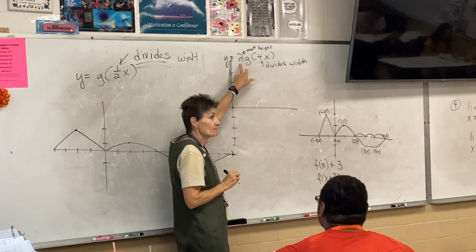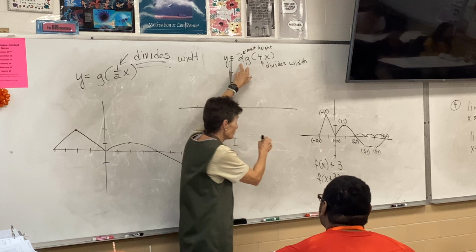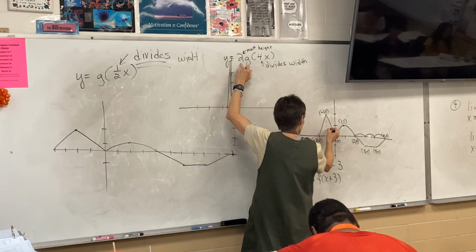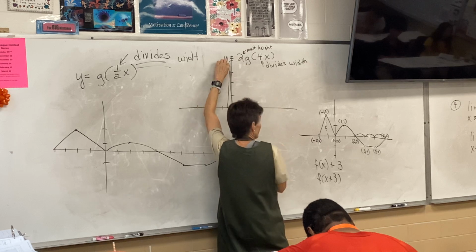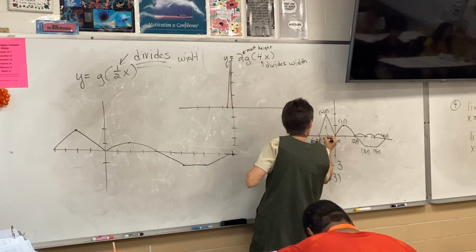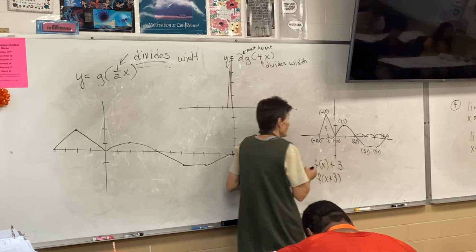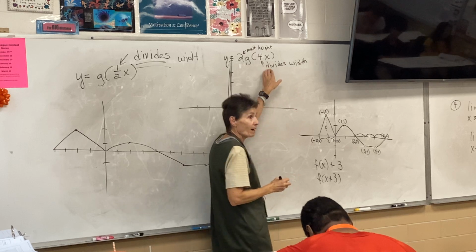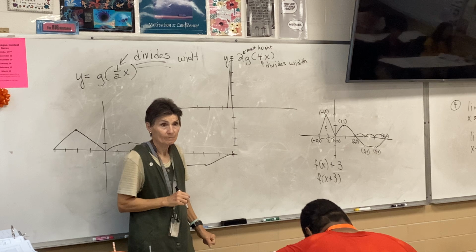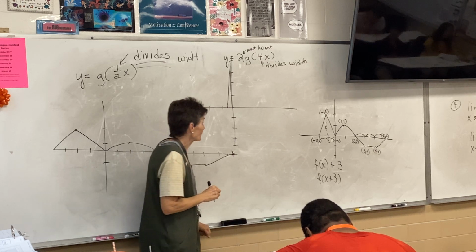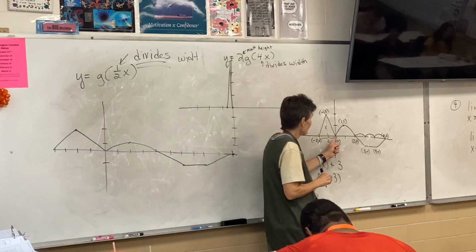This number times the height. So the original height was 2. So we times it by 2, that makes it 4. The original width was 2, but we're dividing it by 4, which makes it a half. What about this guy?